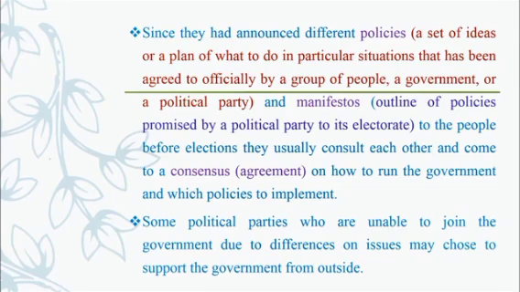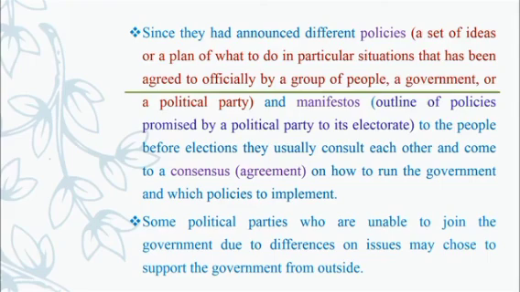Here, electorate means voter or people. Consensus means agreement. So, since they had announced different policies and manifestos to the people before elections, they usually consult each other and come to a consensus, which means agreement, on how to run the government and which policies to implement.